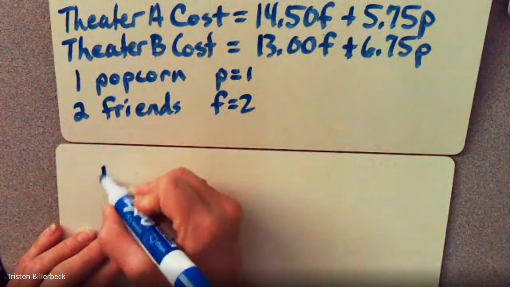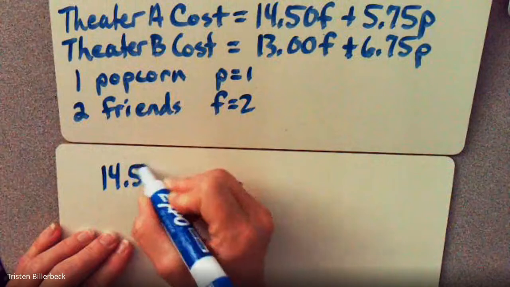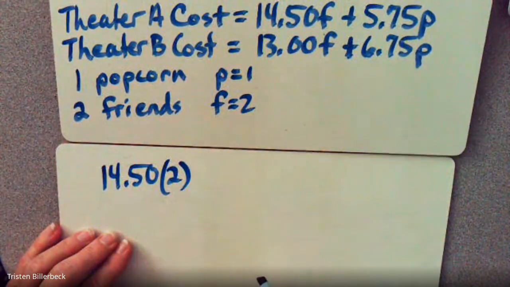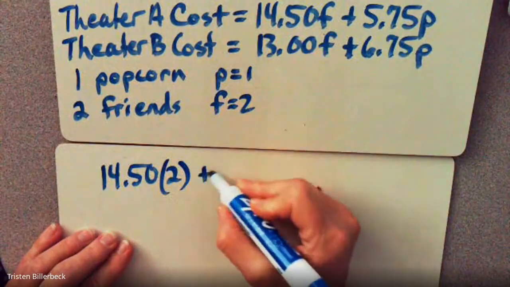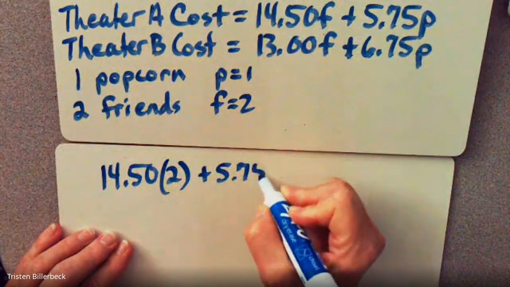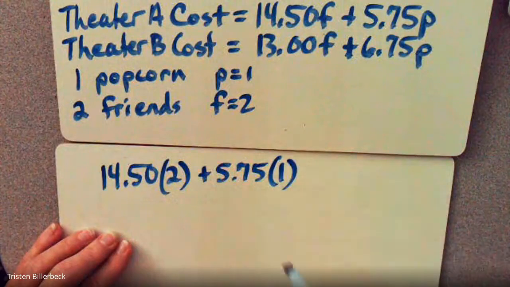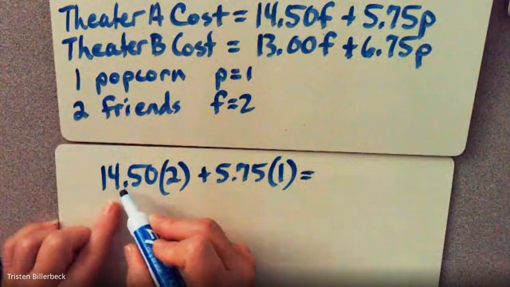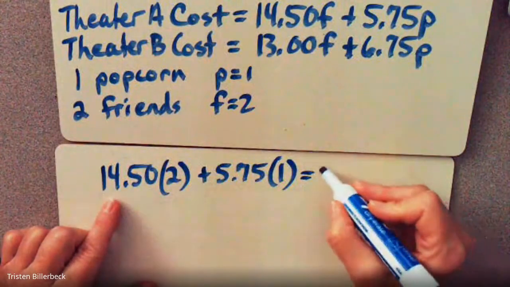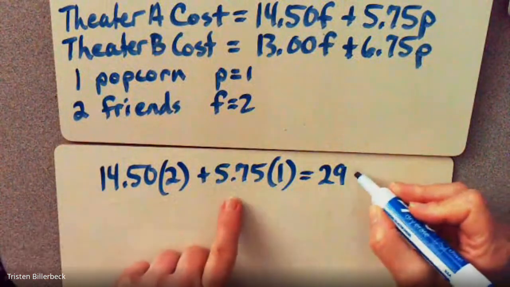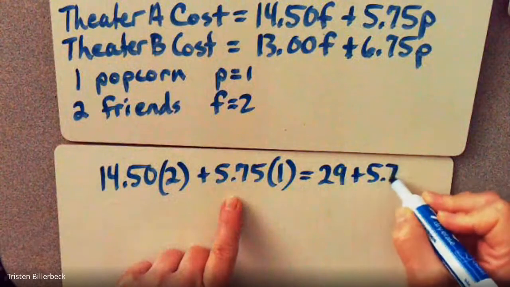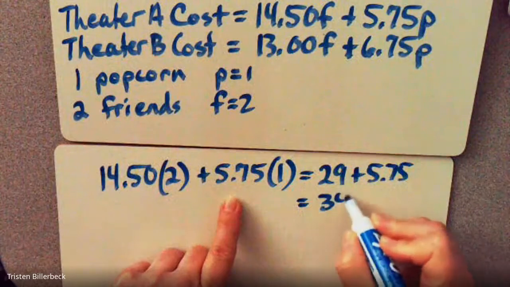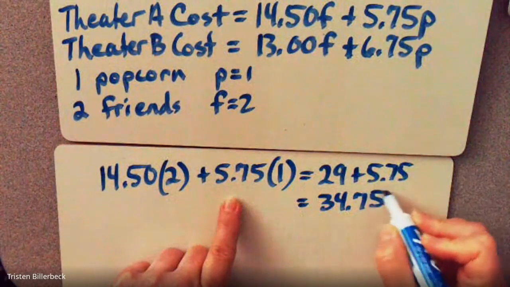So we have 14.50 times 2, because we have two friends, plus 5.75 times 1, because they're only buying one popcorn, and we want to see what that equals. 2 times 14.50 is $29 plus the 5.75, and that gives us $34.75.